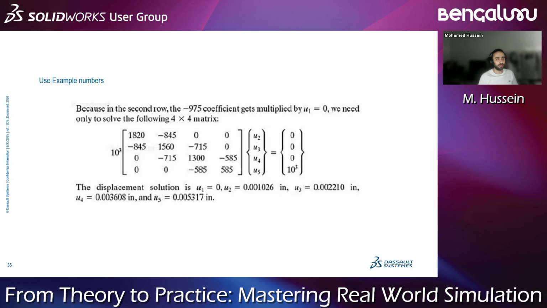U3 will be bigger. U4 and U5 will be the largest displacements of all of them. So I have them all right now. I solved 4 equations and I have 4 unknowns, and this is basically because I decided to solve this for only 4 elements.